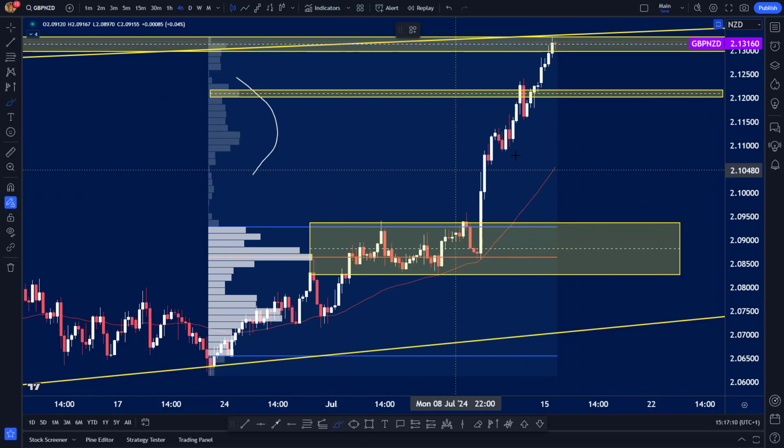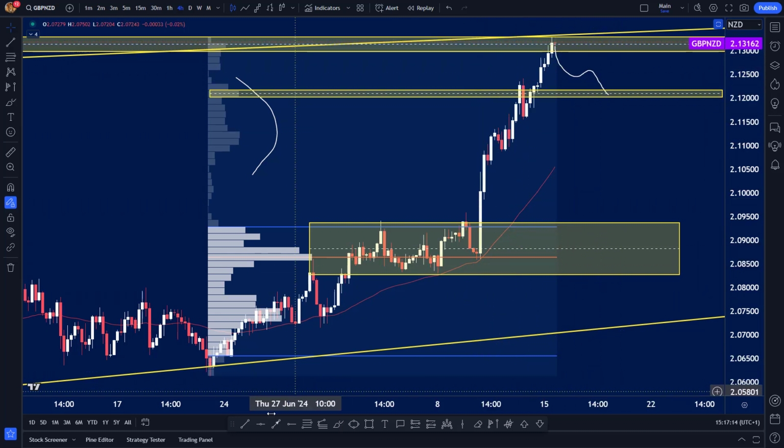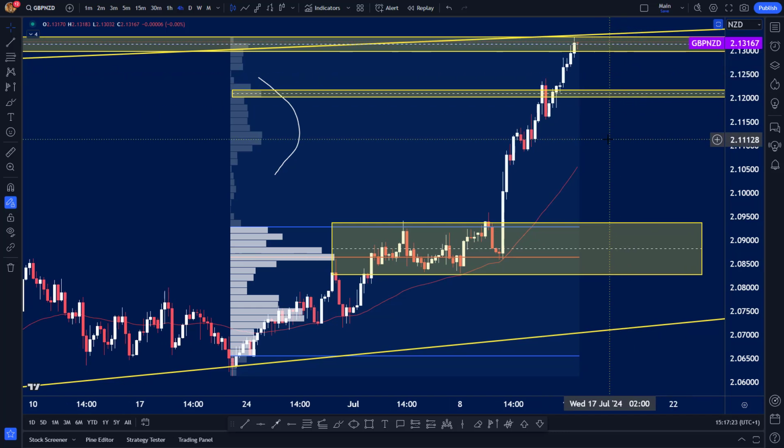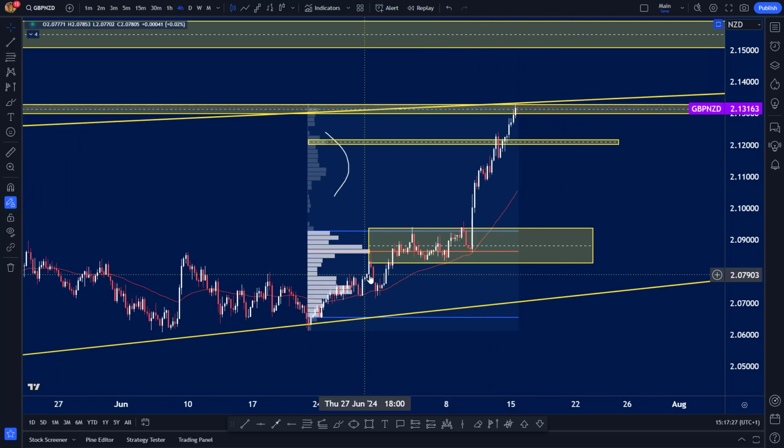So essentially what I'm looking for right now is if price can come back down into this 2.12 zone, are we going to find support in and around here? And then is the market going to want to try and breach this volume zone? Like with pound CAD recently, we talked about the fact that these volume zones can be broken and they can be retested on the other side.